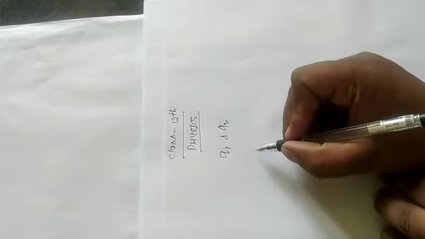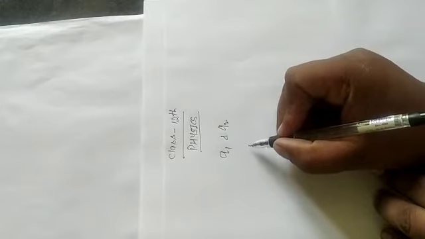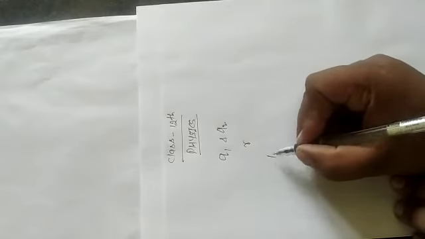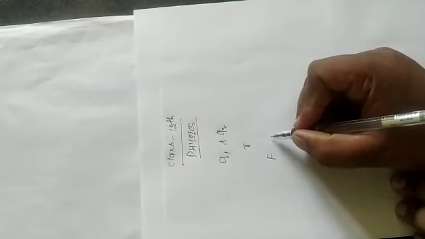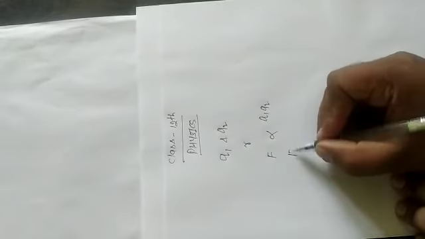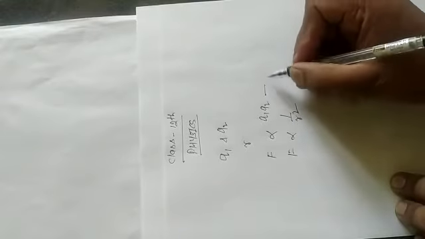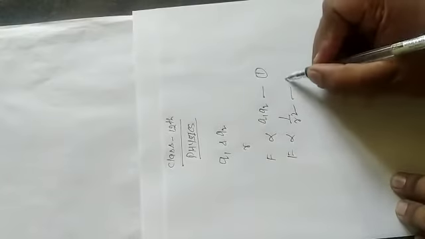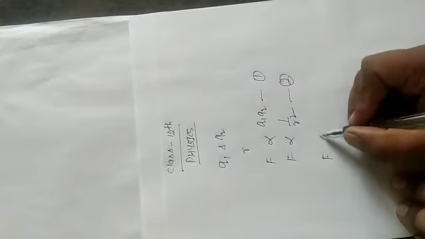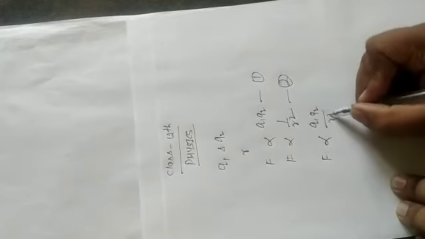Let's suppose the distance between these two charges is R. Then according to Coulomb's law, the static electric force is directly proportional to the magnitude of charges and inversely proportional to the square of the distance. If you consider this as equation 1 and that as equation 2, then from equations 1 and 2 you will write: F directly proportional to Q1 Q2 upon R square.